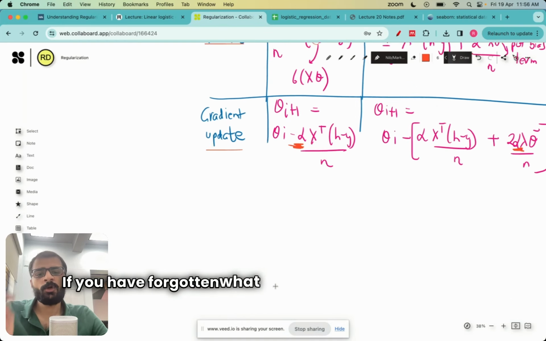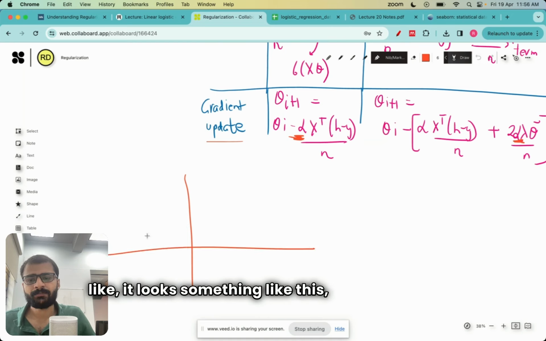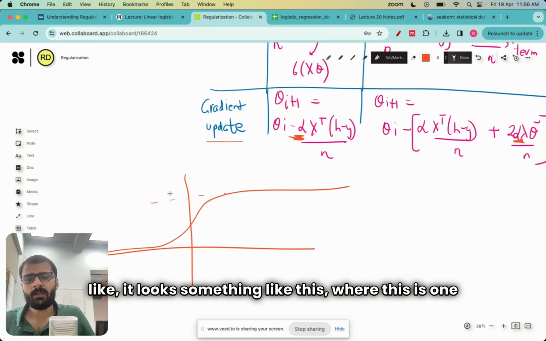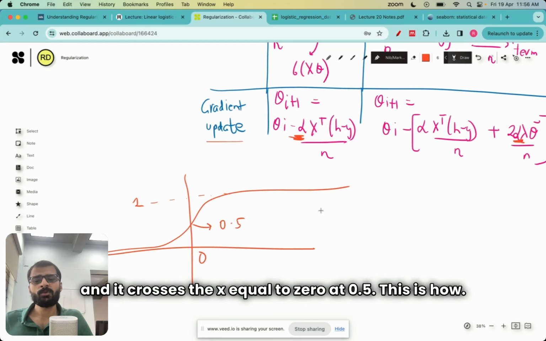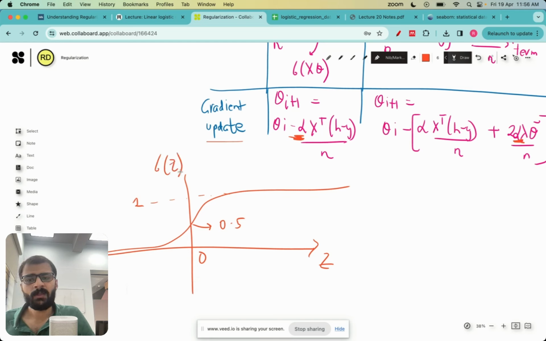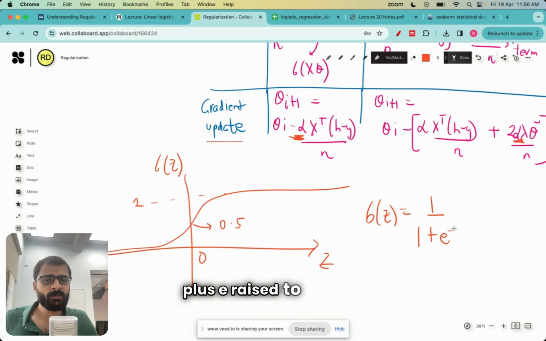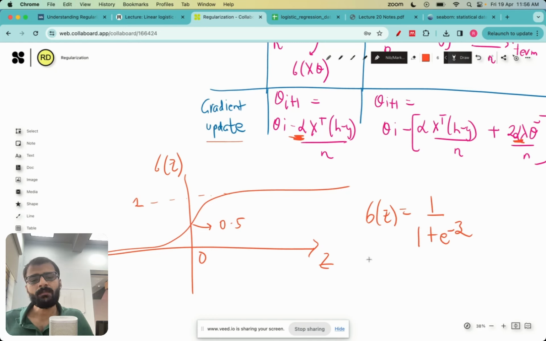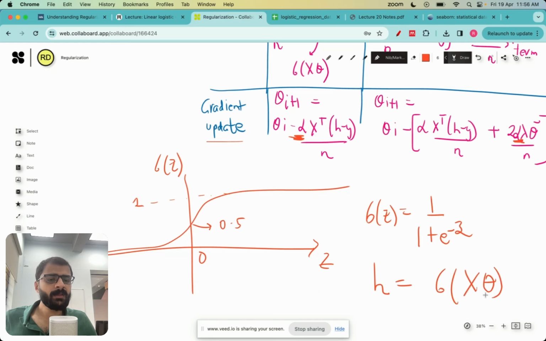If you have forgotten what the sigmoid function visually looks like, it looks something like this, where this is 1 and it crosses x equal to 0 at 0.5. So if you have z and this is sigma of z, mathematically this function is 1 upon 1 plus e raised to minus z, and my hypothesis is sigma of x theta.